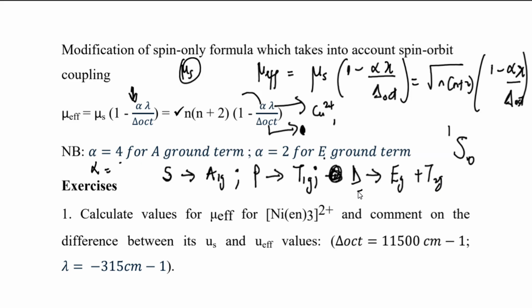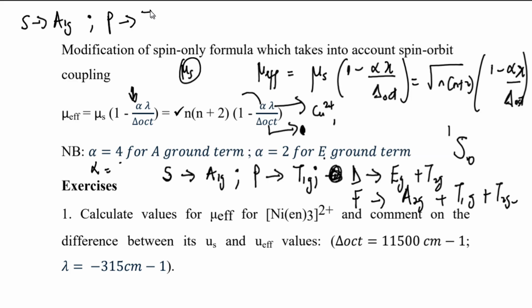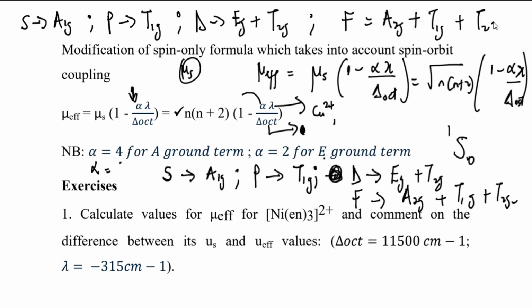The f orbital splits to A2g plus T1g plus T2g. Please, you need to know this. So again: s splits to A1g, p splits to T1g, d splits to Eg and T2g, and f splits to A2g, T1g and T2g.